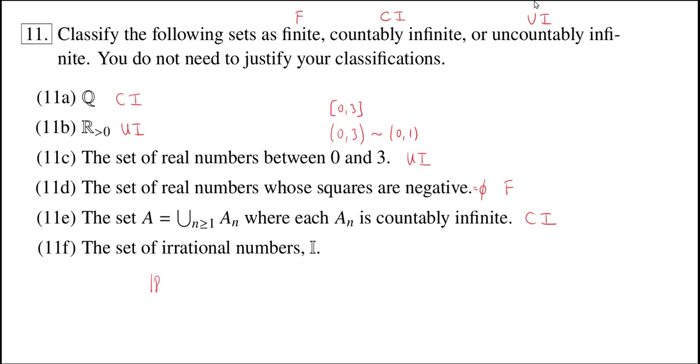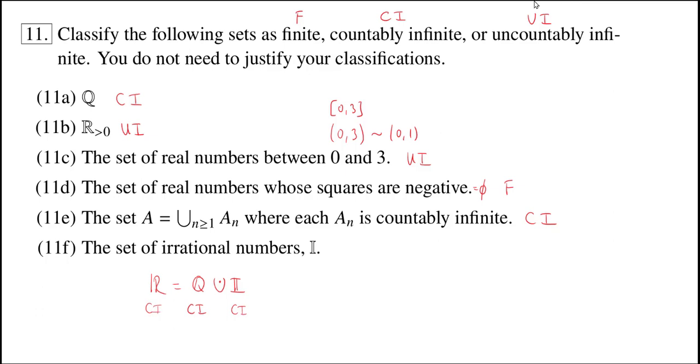Well, recall the real numbers are the disjoint union of the rational numbers and the irrational numbers, denoted here by I. We know that the union of countably infinite sets is countably infinite, and Q is countably infinite. So if the irrationals were also countably infinite, then we would know that R was countably infinite.